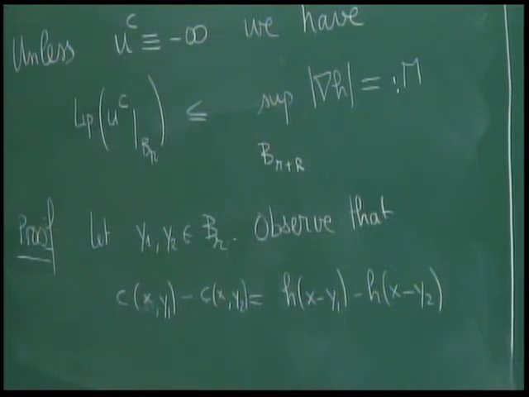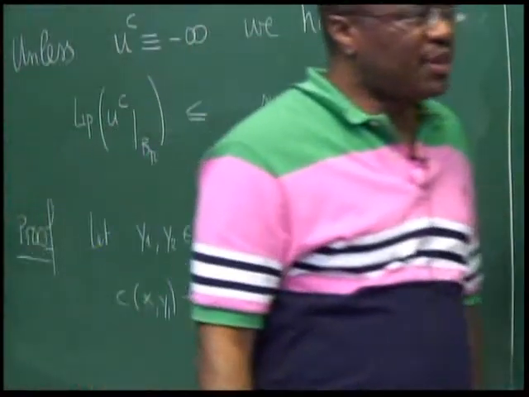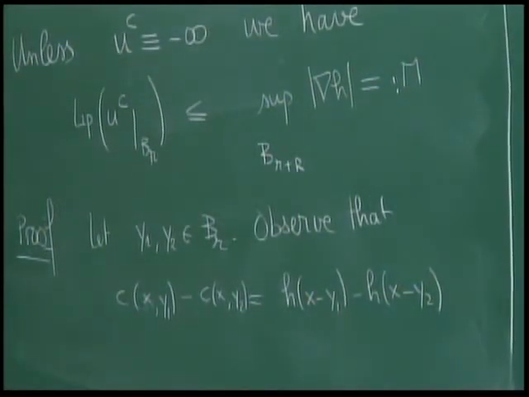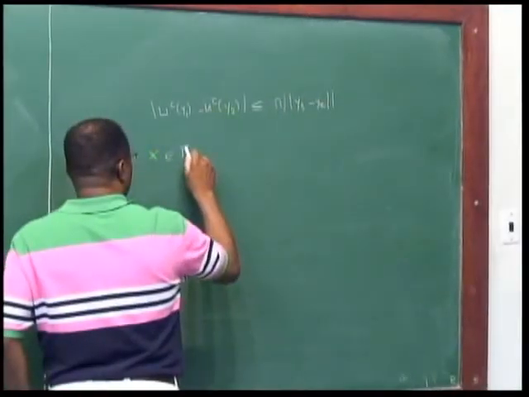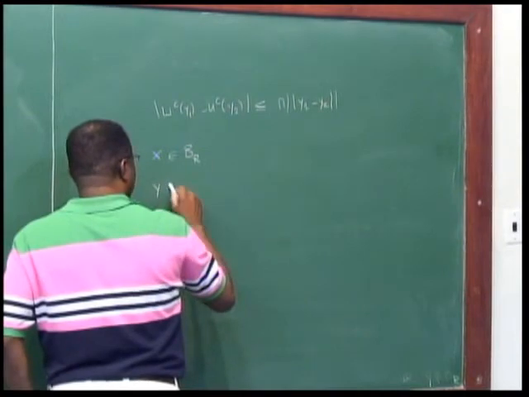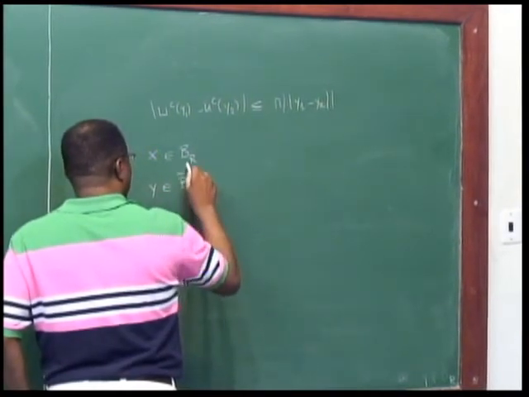Now let us observe that x is in the ball of radius capital R, y is in the ball of radius small r.